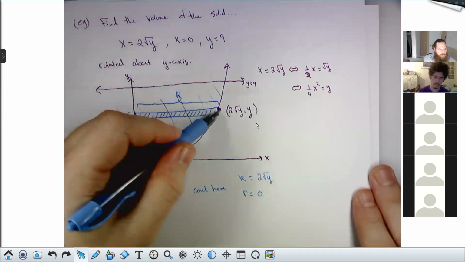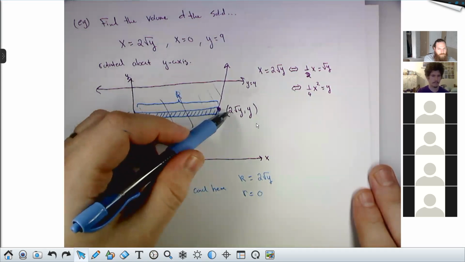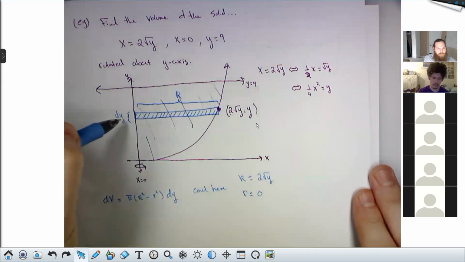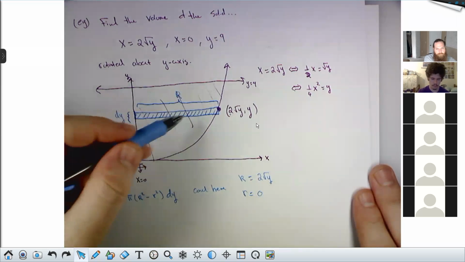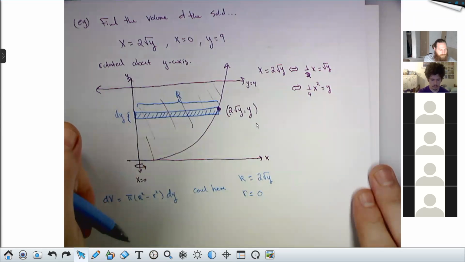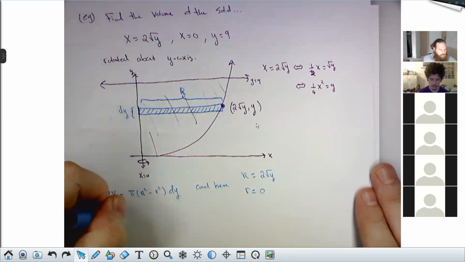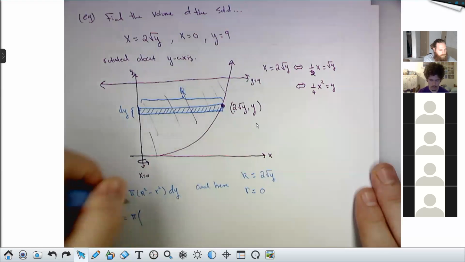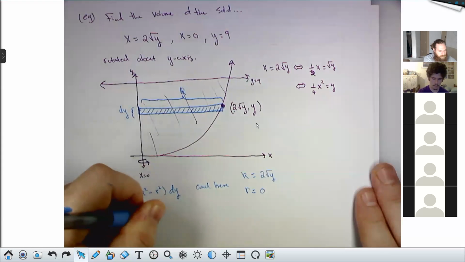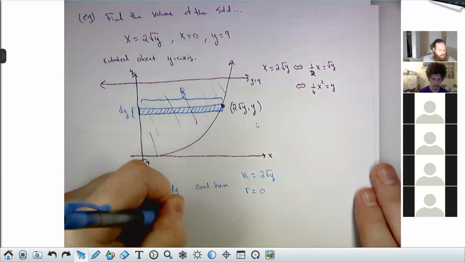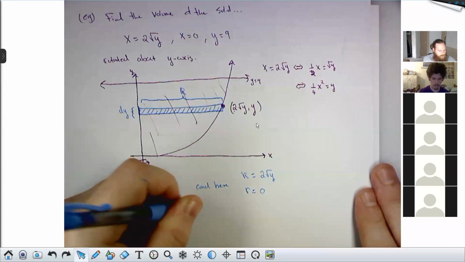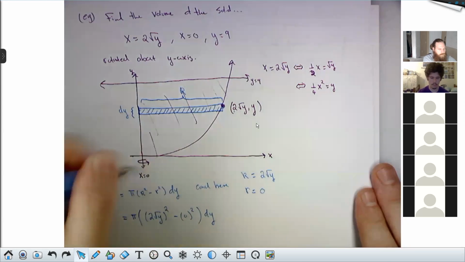The x value here is 2 square root y. So 2 root y minus 0. That's big R. So dV is pi times 2 root y squared minus 0 squared dy.